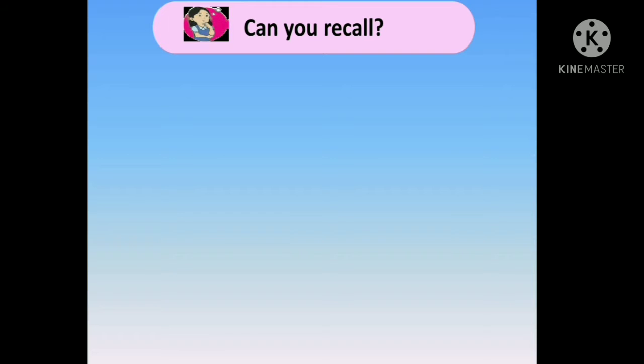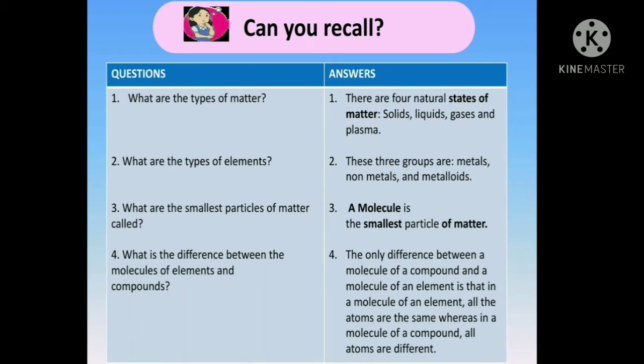Can you recall? Let us have the question and answer sessions now. What are the types of matter? As we know, there are 4 natural states of matter: solid, liquid, gases, and plasma.